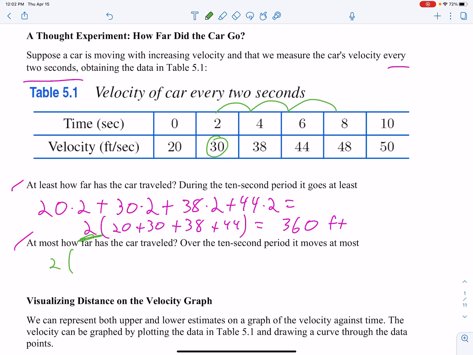So we'll do 30, and notice how we're skipping the first one, because that would give us an underestimate. We're going for an overestimate now. So 30 plus 38 plus 44 plus 48 plus 50.